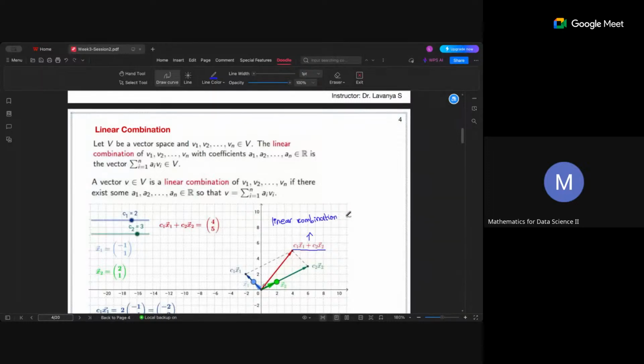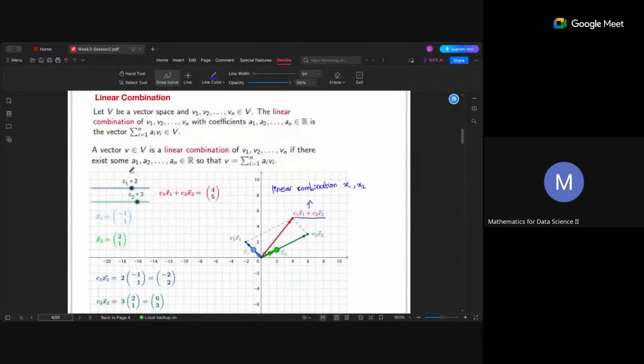But is there any significance about this specific c1 and c2? If we change c1 and c2, will c1 x1 plus c2 x2 still be a linear combination of x1 and x2? Yes, ma'am.